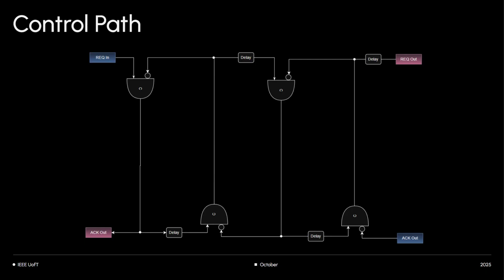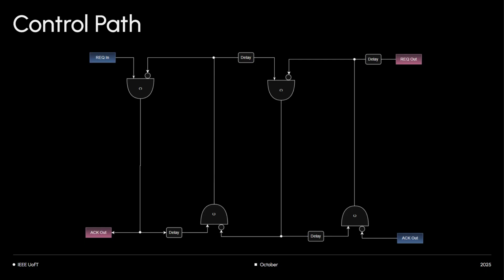All of them are zeros initially. So 0 on the input. Now this becomes 0 to 1. This shifts from 0 to 1 and propagates all the way through, so 0 to 1, 0 to 1, 0 to 1. So you have request in, acknowledge in, request out, acknowledge out.